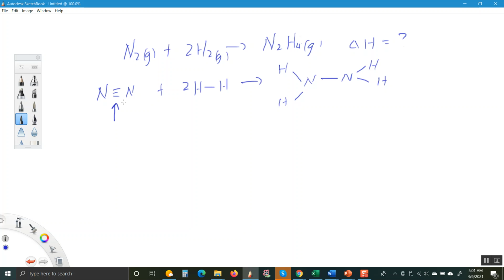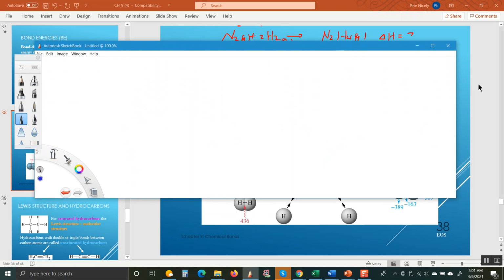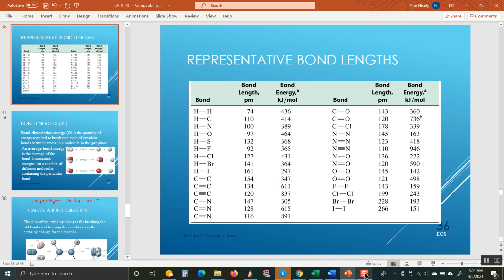So for the nitrogen to nitrogen triple bond, let me go back to this here, go to the table. Okay, so for the nitrogen to nitrogen triple bond, the bond dissociation energy is 946 kilojoules.